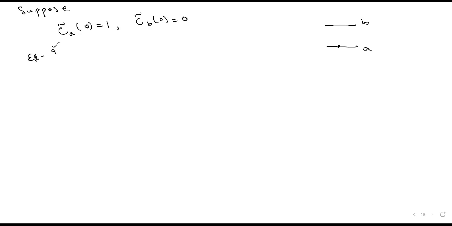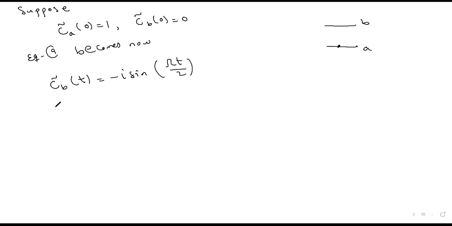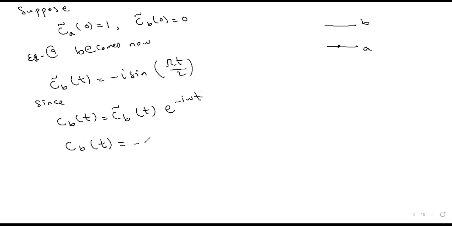Okay, so equation number 9 becomes Cb of t equals minus iota sine omega t by 2.